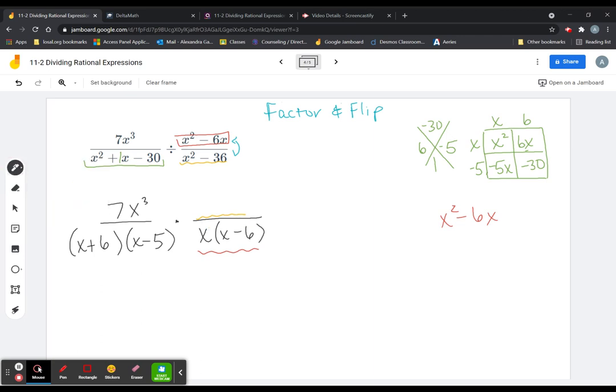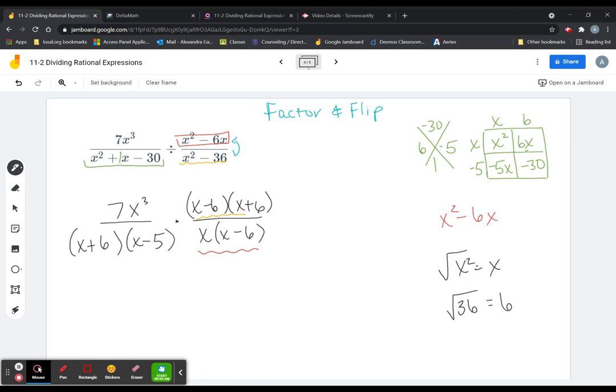Is there a GCF for x squared minus 36? No, they don't have a common factor, but they are both perfect squares, right? Because the square root of x squared is just x, and the square root of 36 is 6. So I'll get x minus 6, x plus 6. It was a difference of squares.